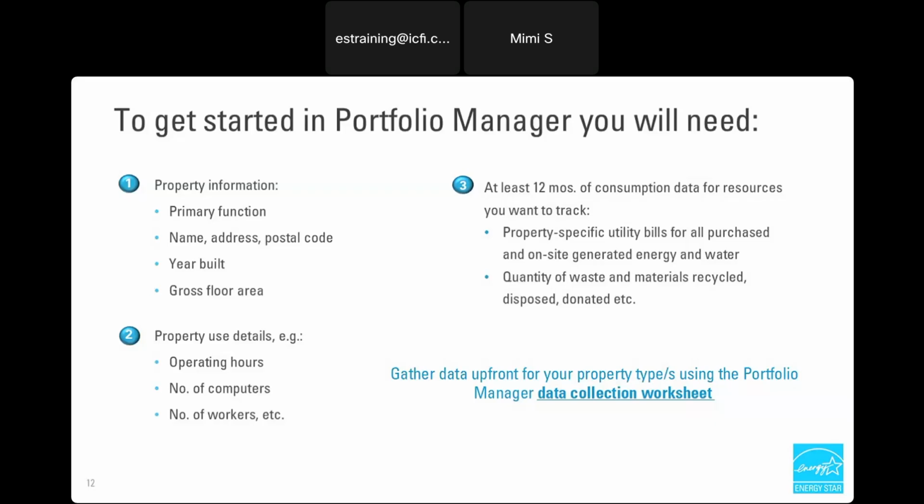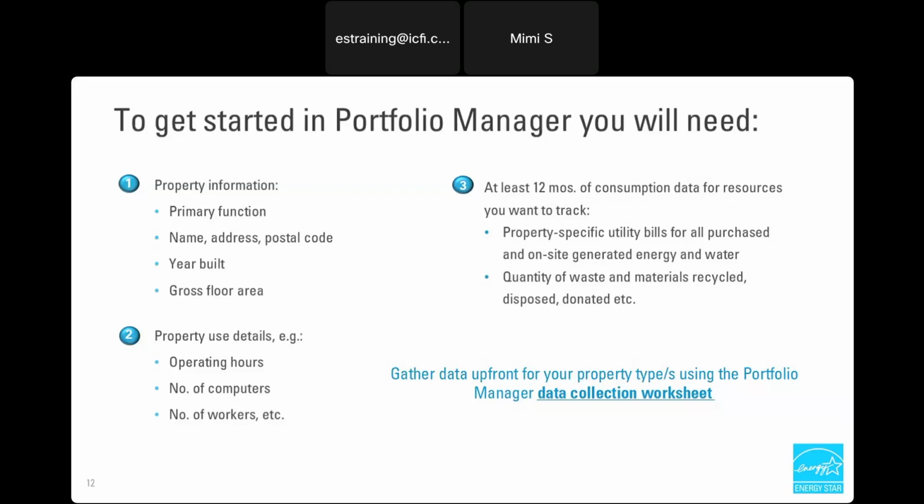Okay, let's see what else here. Portfolio Manager also offers really helpful tips as you're moving along, and so you'll see those. And then the EPA Energy Star program has a whole slew of resources which we'll touch on briefly and are linked in this slide deck, which you have already received or you will receive.